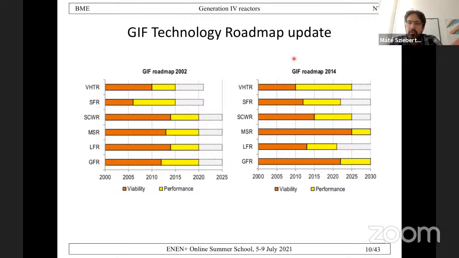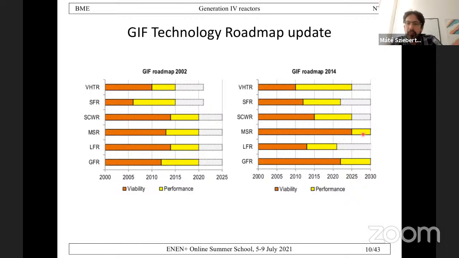And if you look into the update of this roadmap in 2014, you can see that there are reactor types which did not have much progress, and there are reactor types which could show real progress in that decade.